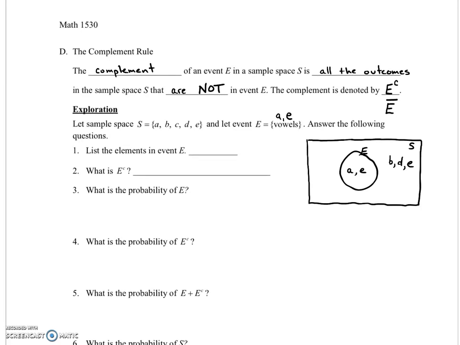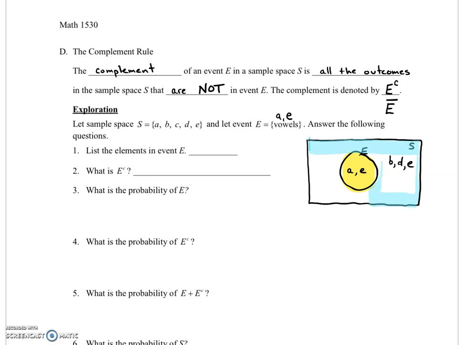So let me go back to some shading. So this is what E is, right inside there. And everything that's outside of E, but still inside the sample space.